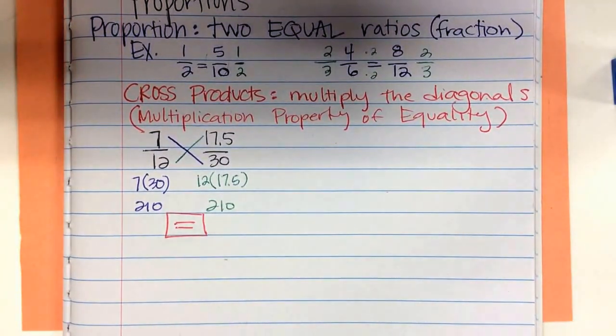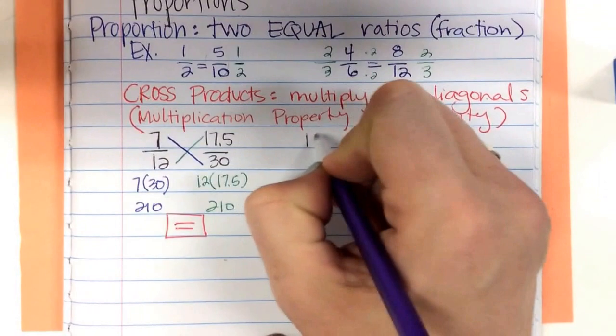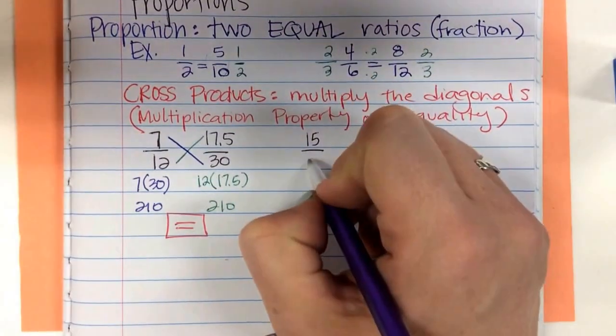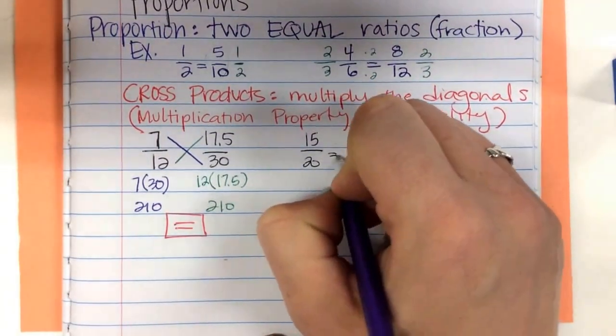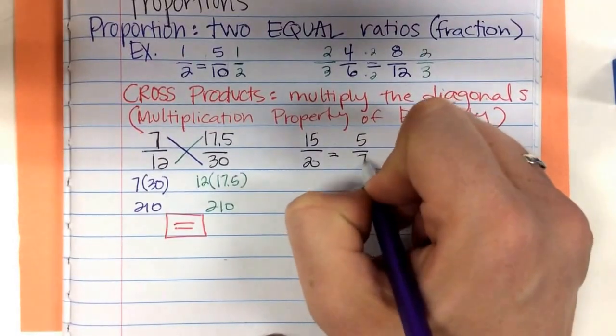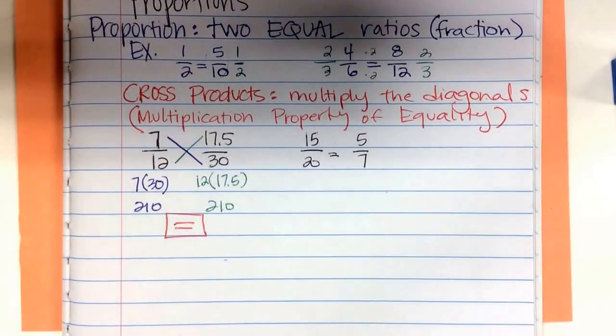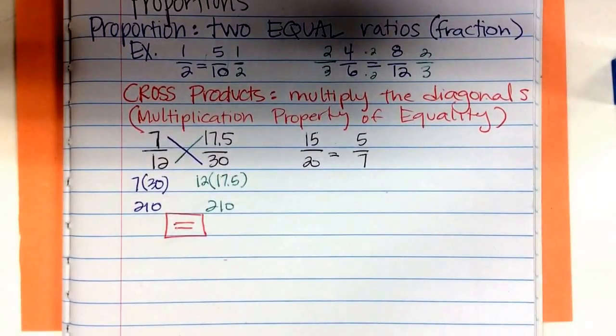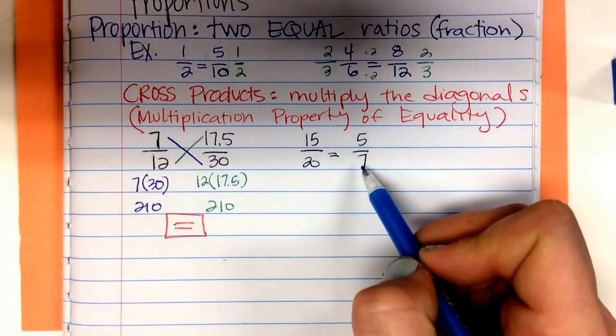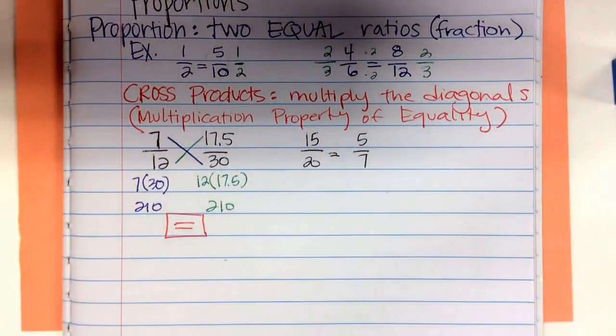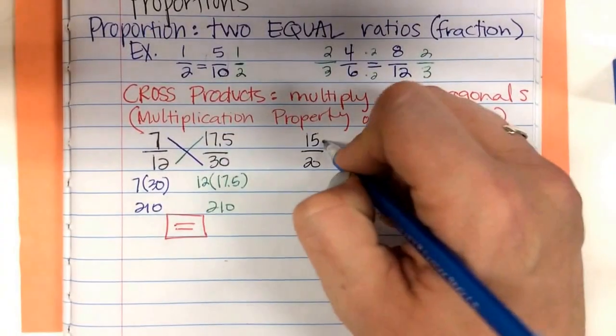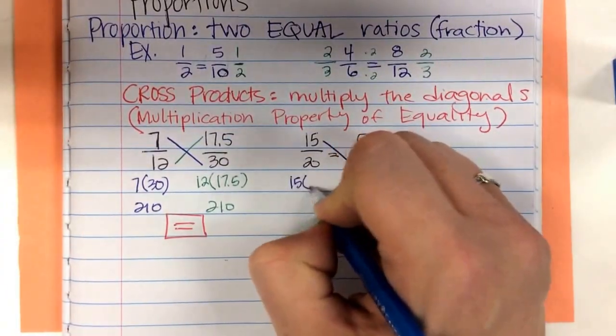Let's do another one. 15 over 20 equals 5 over 7. Is that true? Let's test it out. What can I multiply first? 15 times 7. Or could I do 20 times 5 first? Doesn't matter. 15 times 7.